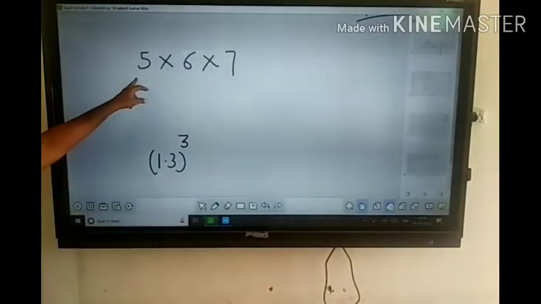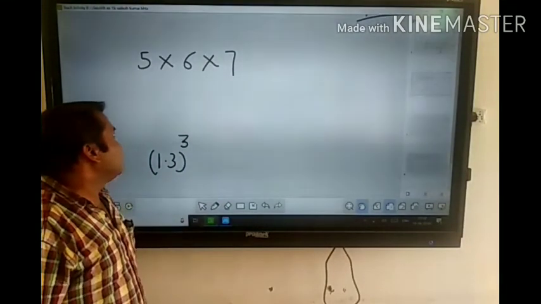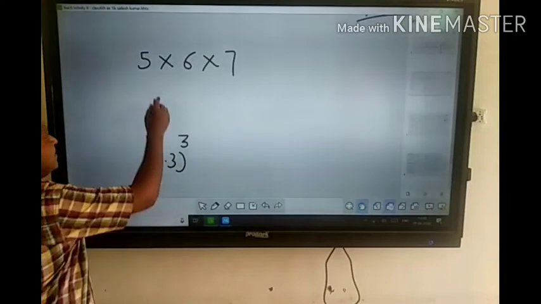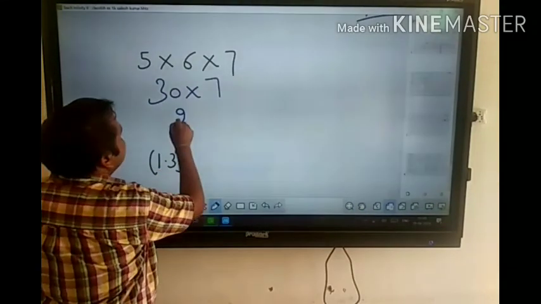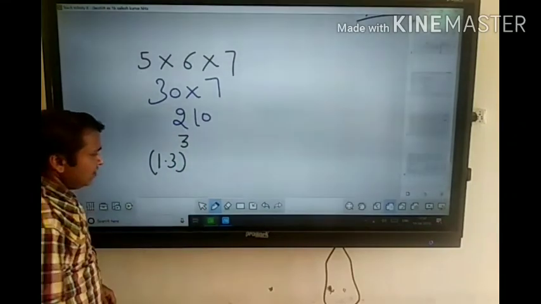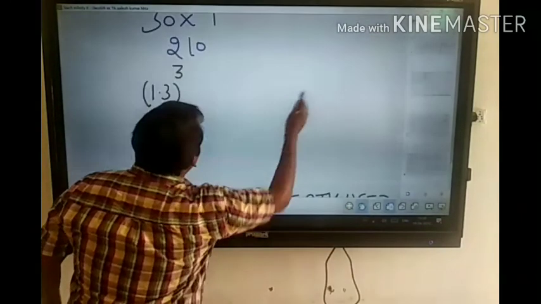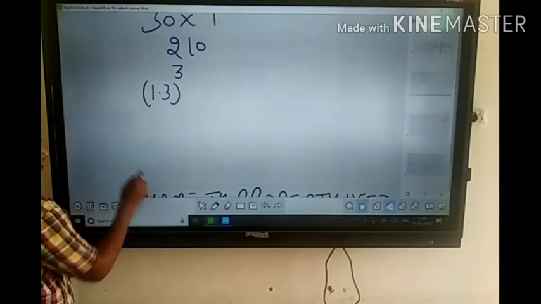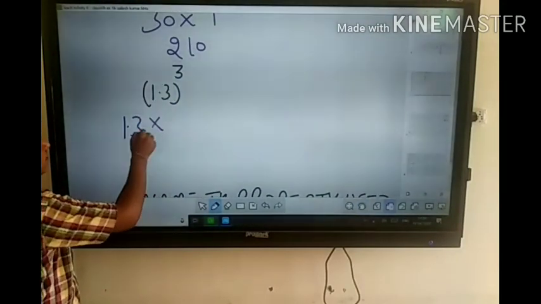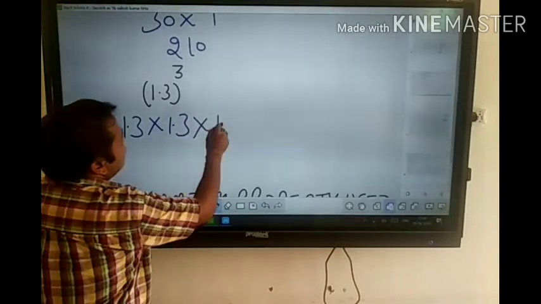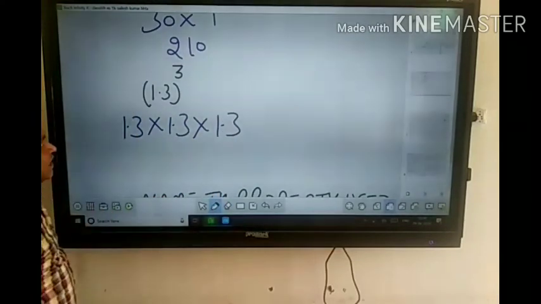Now this is 5 multiply 6 multiply 7. This is very simple. 5 multiply 6, that is 30, and 30 multiply 7, that is 210. There is no decimal. Now how will you solve this? It is written that 1.3 has to be multiplied how many times? 3 times. So this question is the same as the earlier one.